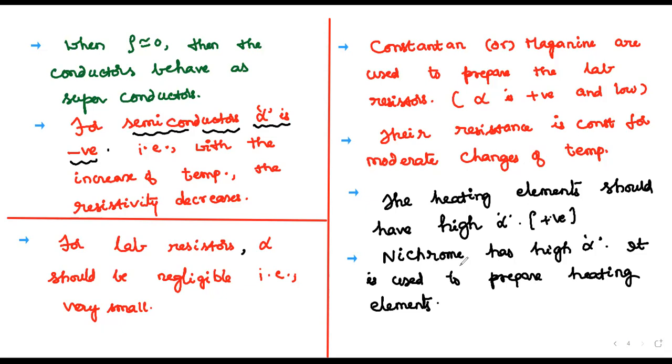But there is one disadvantage. If they produce so much heat, why don't we use these nichrome springs in geysers and immersion heaters? The reason is that nichrome is a very good conductor of electricity. If you immerse it in water, the water will also be electrified. When it is turned on, if you put your finger in to check whether the water is hot, you will get an electric shock.